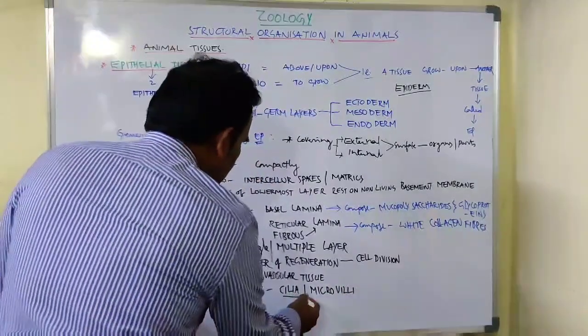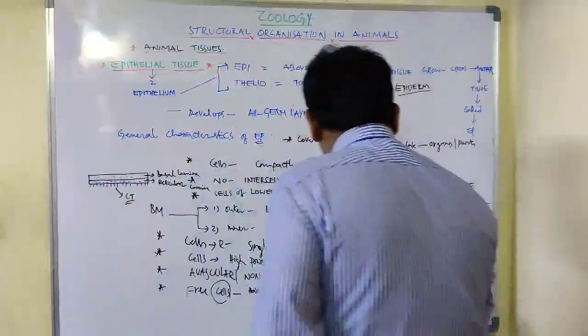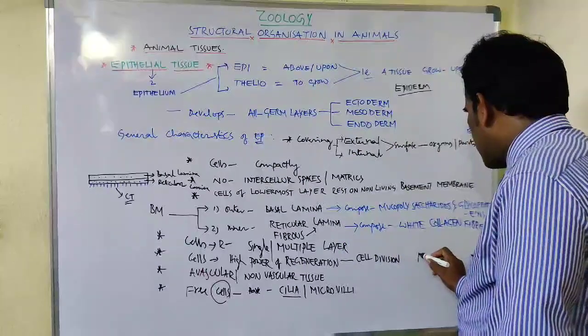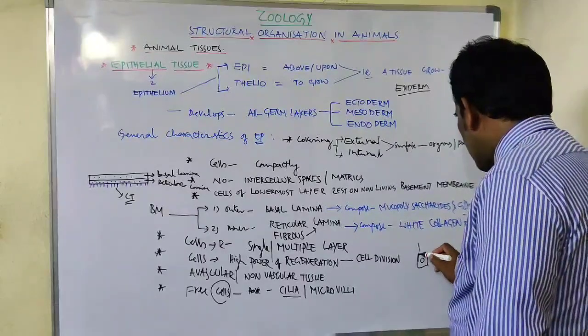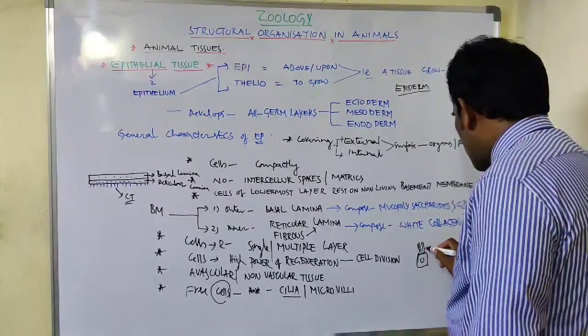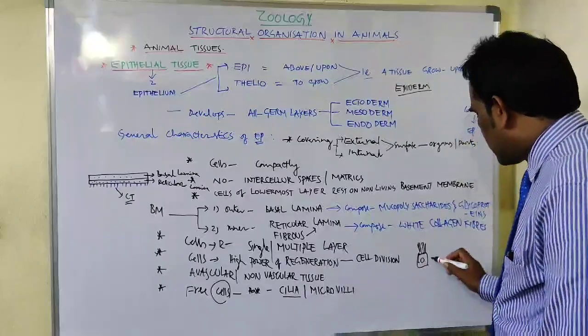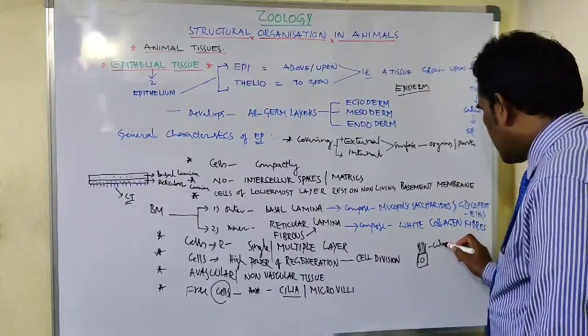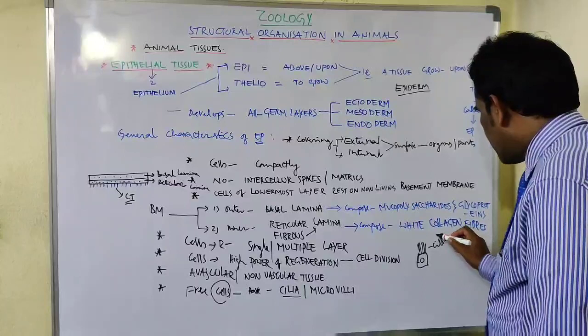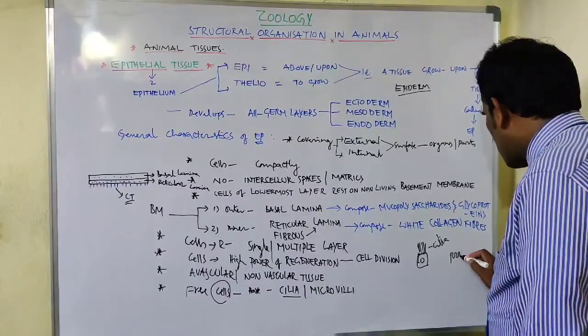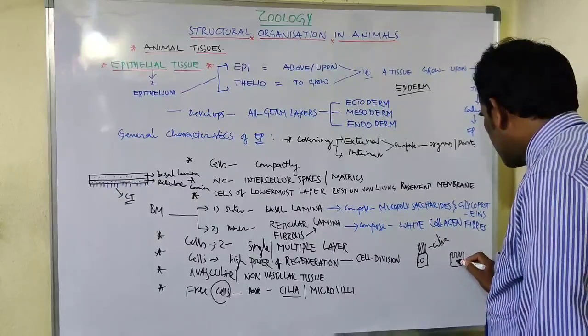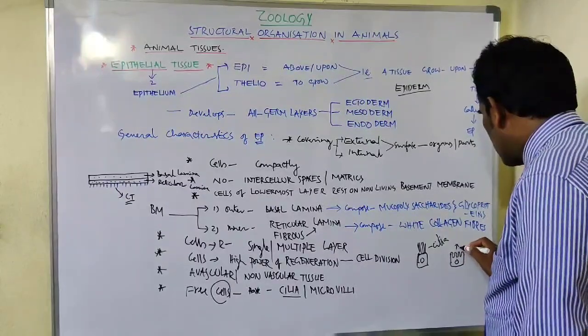That means some cells have cilia on the free surface end, and another type has microvilli, like a brush border. These are called microvilli.